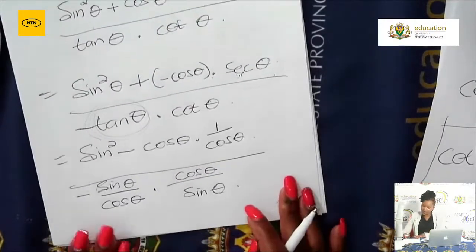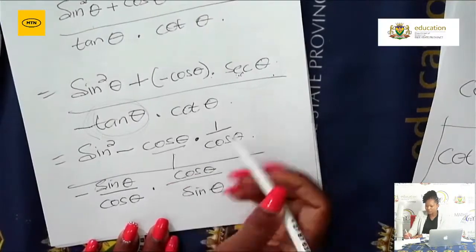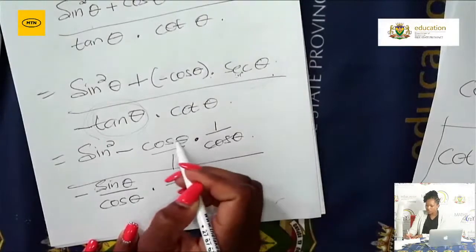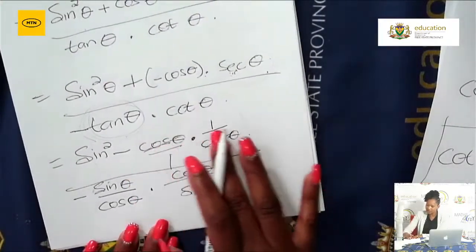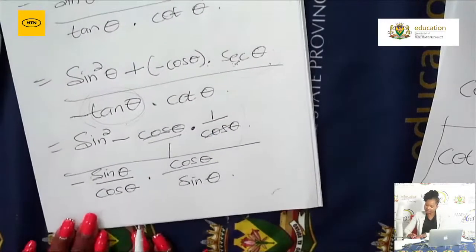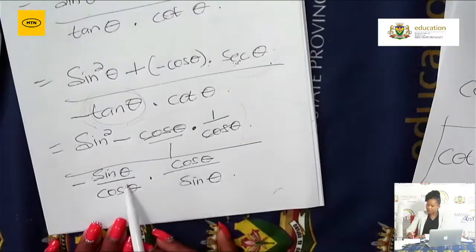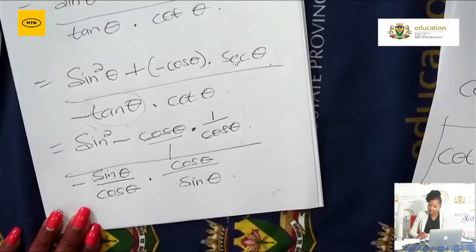Then you simplify. As you simplify, because there's multiplication between these two, cos into cos goes once, and there it goes once, meaning here we will have 1. In our numerator, we are having sine squared minus 1. And then as we simplify here, a negative multiplied by positive will be negative.